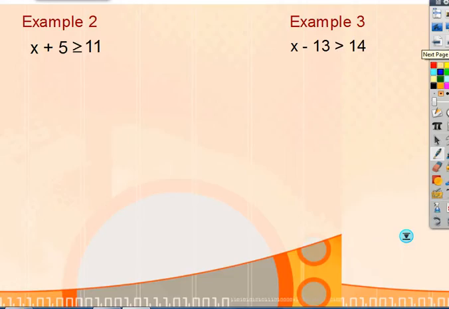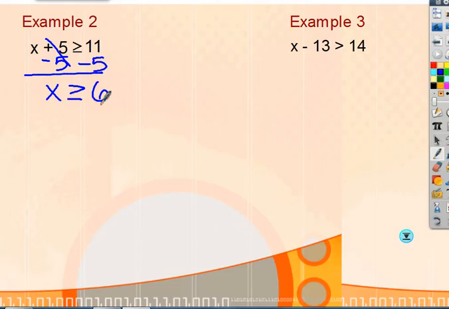Example number 2. Subtract 5 from both sides to get the x by itself. Our solution is x is greater than or equal to 6. Example number 3. Get the x by itself.